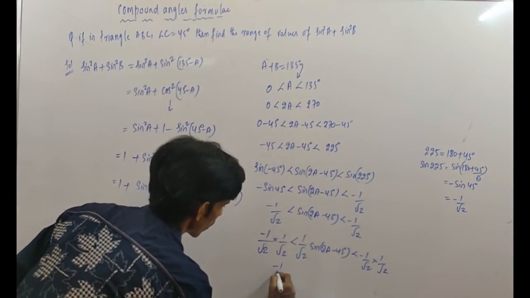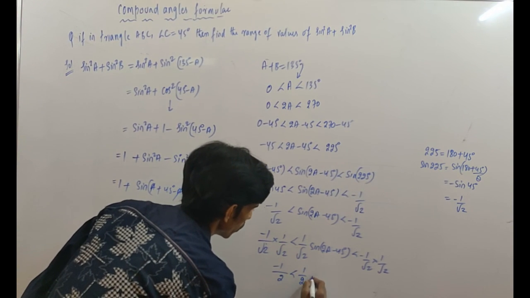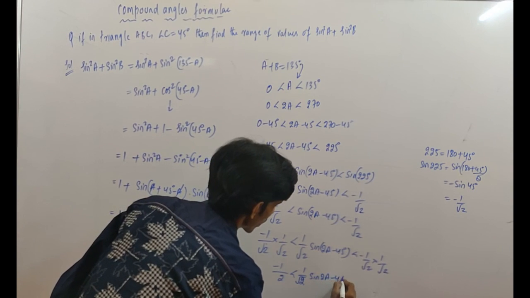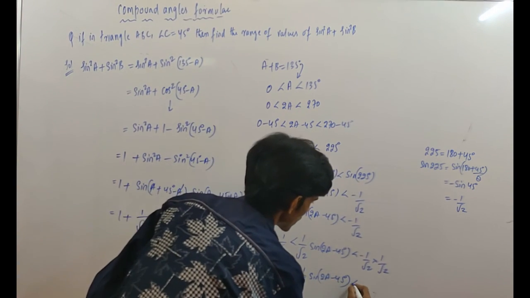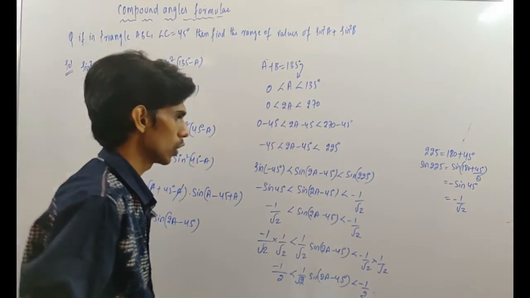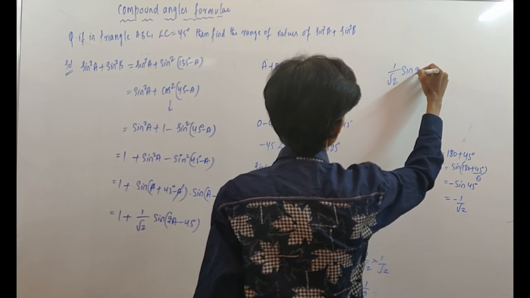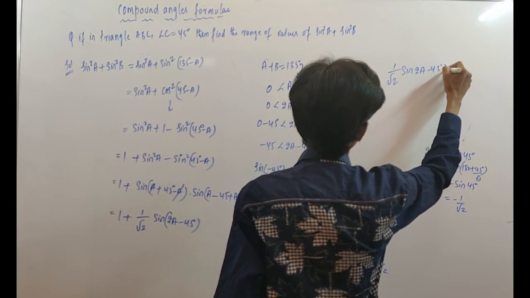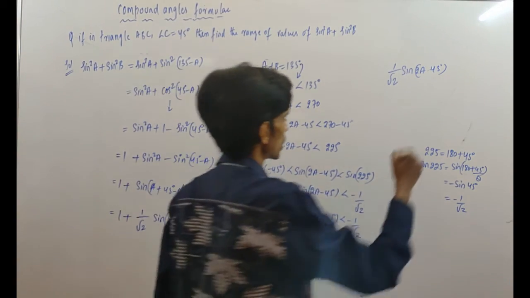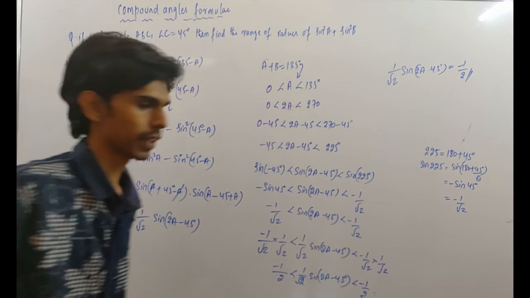So root 2 into root 2 is 2, and it becomes minus 1 by 2 less than 1 by root 2 sin(2A minus 45 degrees) less than minus 1 by 2. Therefore, the upper limit and lower limit are the same, so this equals minus 1 by 2. So the answer is minus 1 by 2.